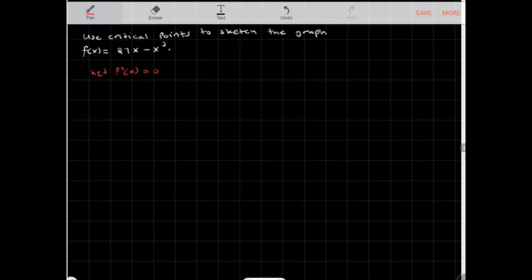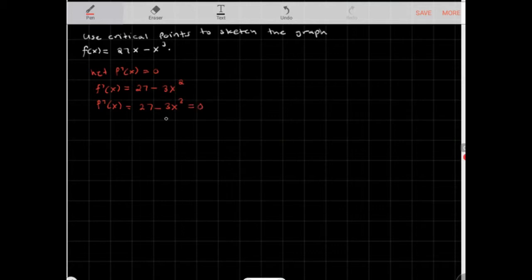Okay? So in order for us to let f prime of x equal 0, let's find f prime of x first. So f prime of x in this case, I'm going to do the derivative of this function, so you get 27 minus 3x squared. If I let f prime of x equal 0, then you get 27 minus 3x squared is equal to 0.